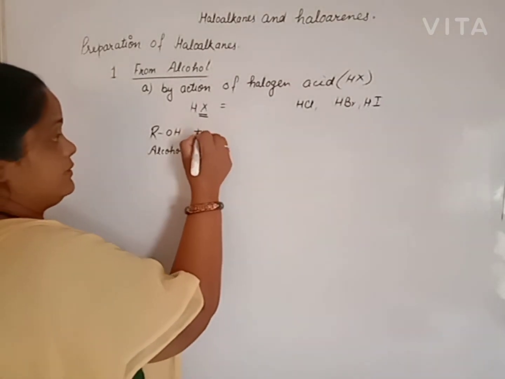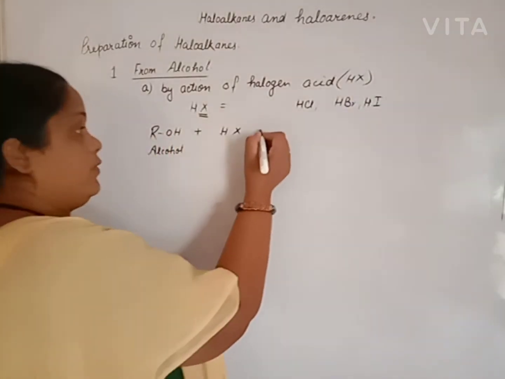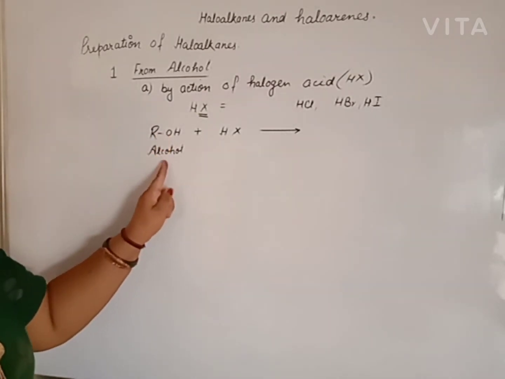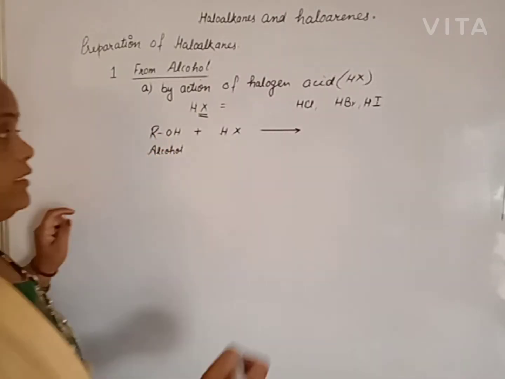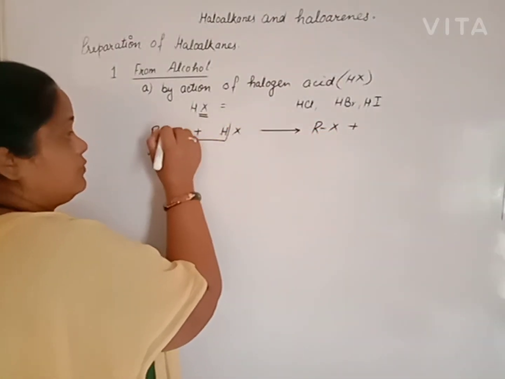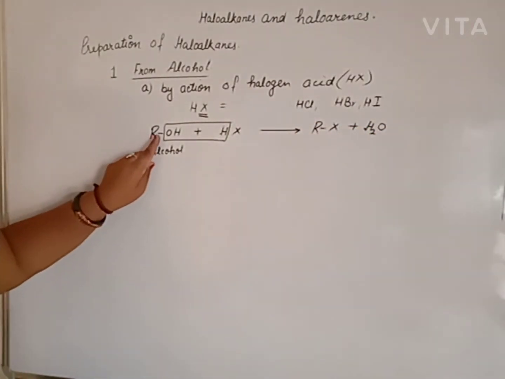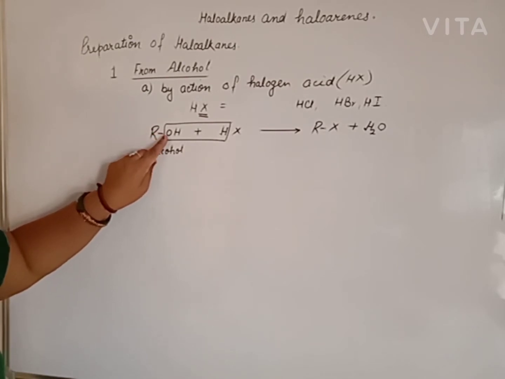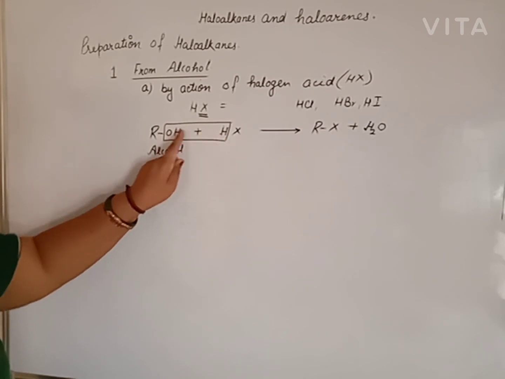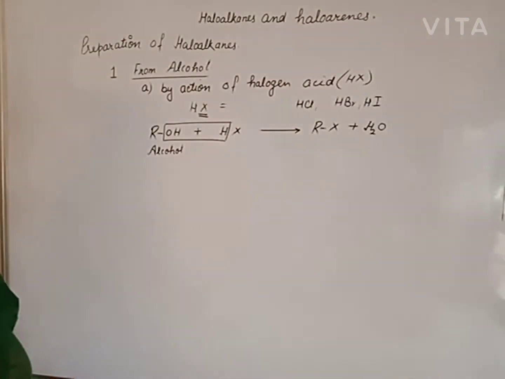When a halogen acid reacts with alcohol, it shows a substitution reaction in which the OH group of the alcohol is substituted by the halogen, so we get haloalkane, and water is removed. This bond is polar: oxygen is more electronegative than carbon and carries a negative charge, hydrogen carries a positive charge, and the remaining components combine to give haloalkane.